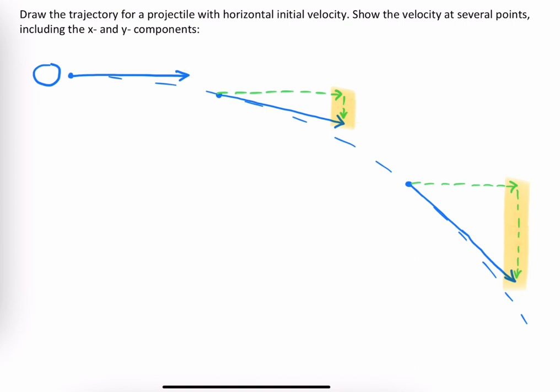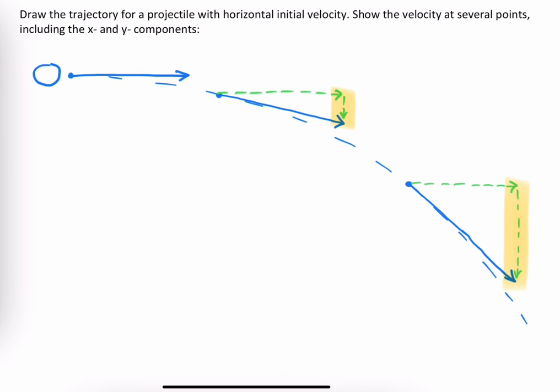And that makes sense because just like there was no force in the x direction, meaning there was no reason for the x components to change their magnitude, there is a force in the y direction, and that's gravity. Gravity is pulling this thing down.